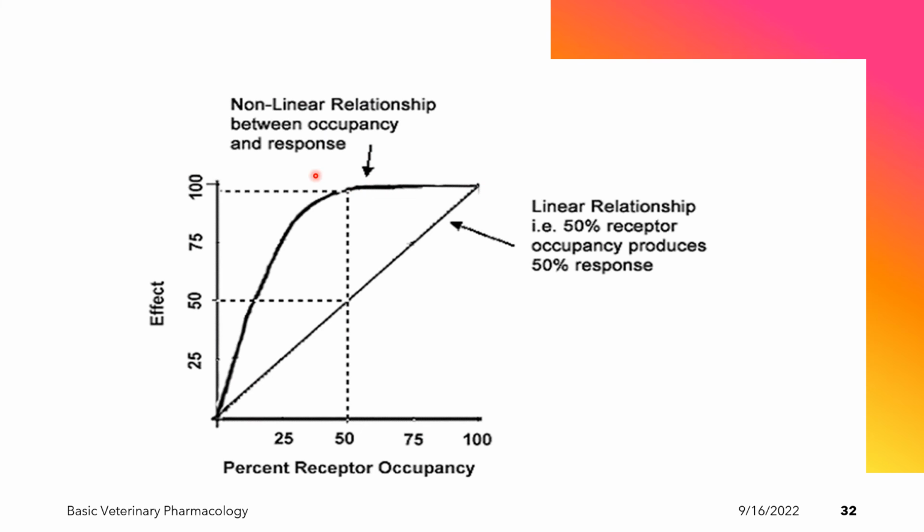For this particular drug here, there is a nonlinear relationship. At 50% receptor occupancy, you can see here that it has already achieved its maximum effect. So therefore, there is still 50% of the receptors that are unoccupied. So this particular drug exhibits a spare receptor.